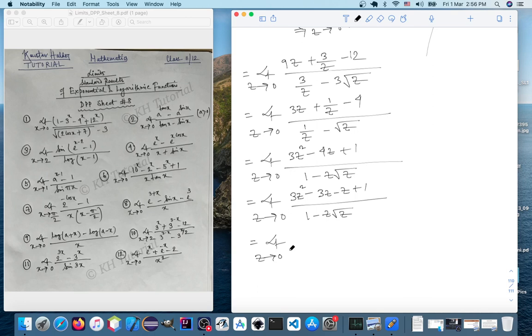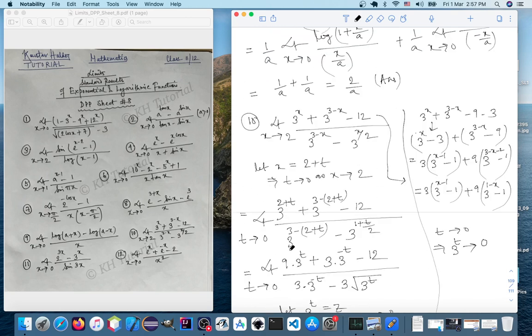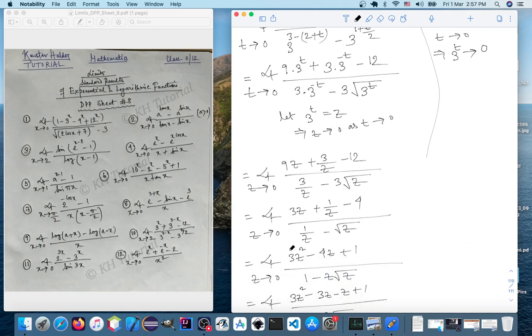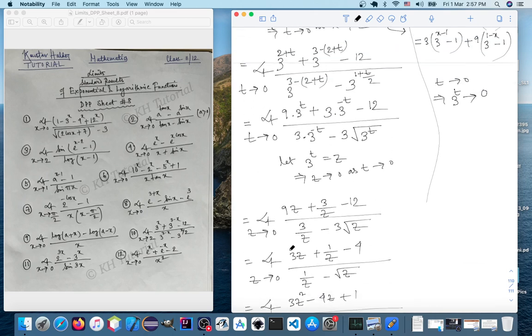The denominator becomes 1 if we substitute z, and this is becoming... No.